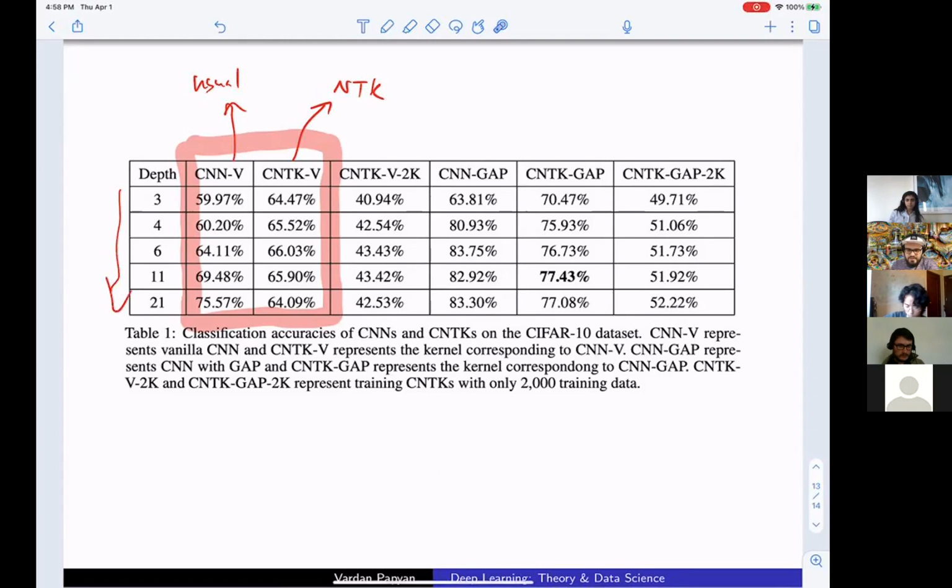What they observed is that initially the NTK gets better performance at depth 3. But as you increase the depth, the usual training of a neural network outperforms the NTK network. An NTK network is basically a network that's linearized, or you can think of it as a network that literally solved this quadratic approximation of the loss. There are different ways to think about it.